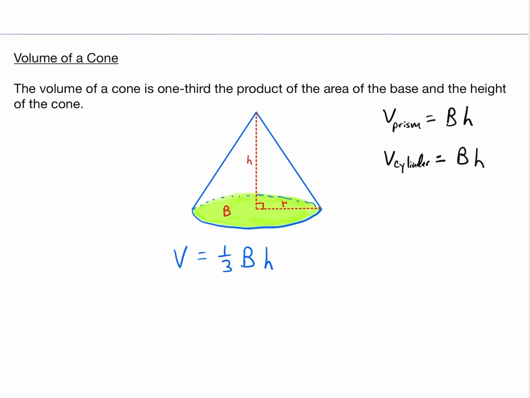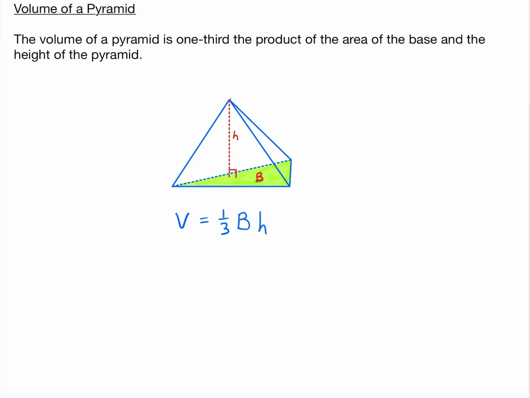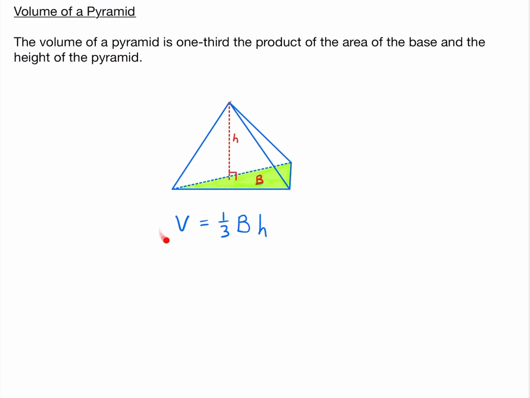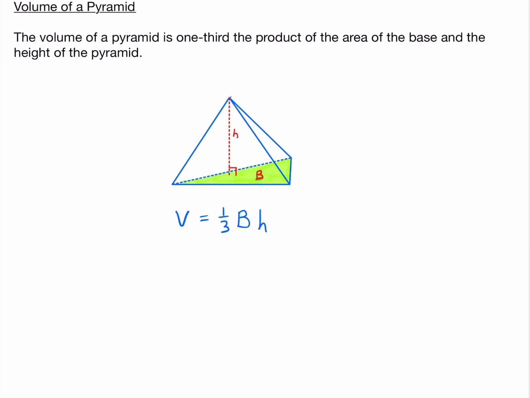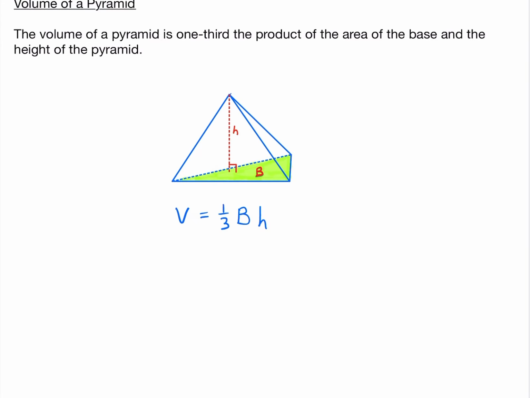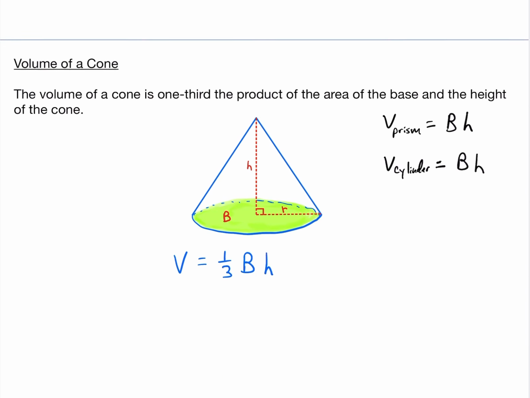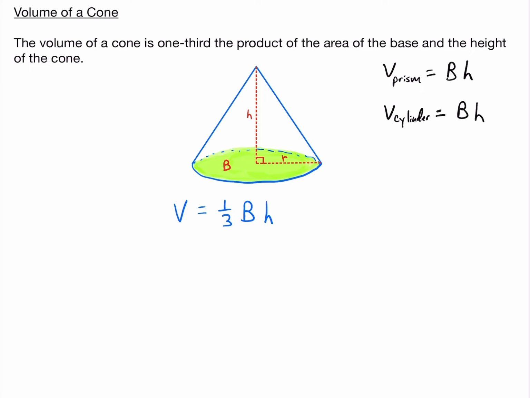What I mean by original is before it was a prism, and that was equal to the product of the area of the base times height. And now when we take into account the pyramid, we have to take 1/3 of that. So a simple way to remember it is just take 1/3 when you're talking about a pyramid or a cone. Otherwise, it's just the area of the base times the height.